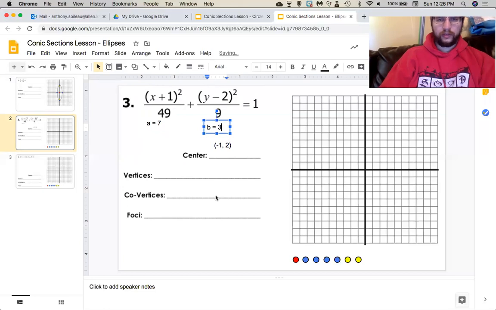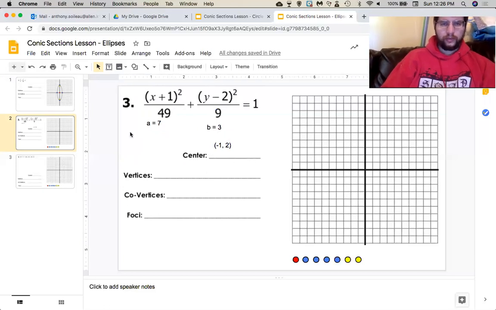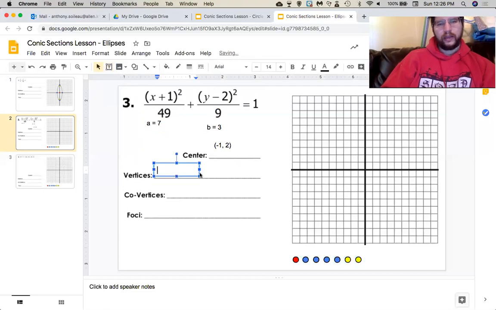B is 3. I'm going to do the work right here in my head. So my vertices, that's 7 units horizontally away from my center. So I'm going to do -1 minus 7 is -8. -1 plus 7 is 6.